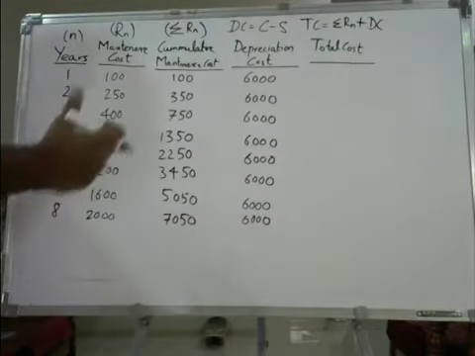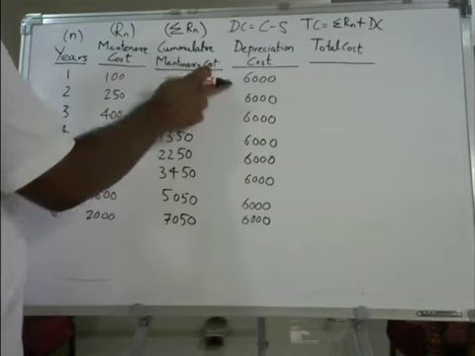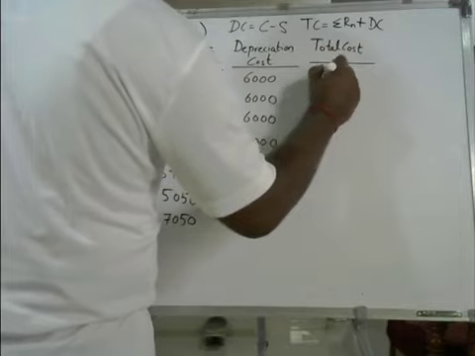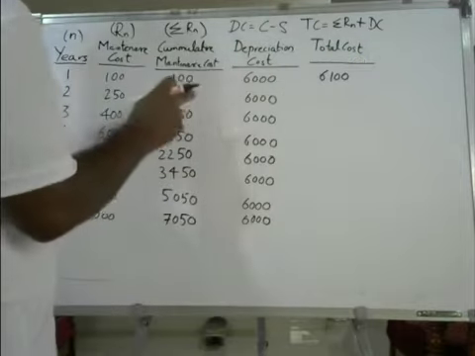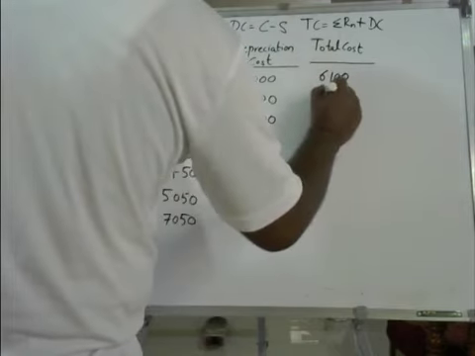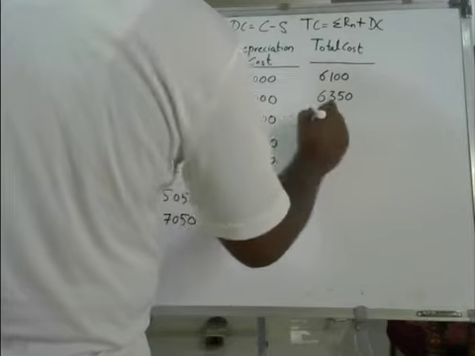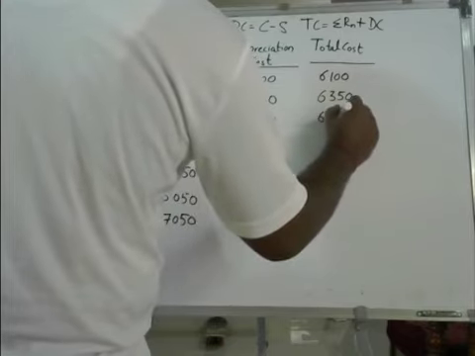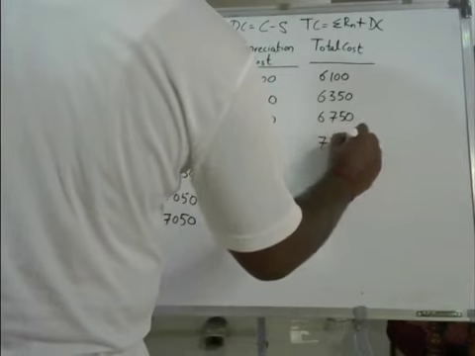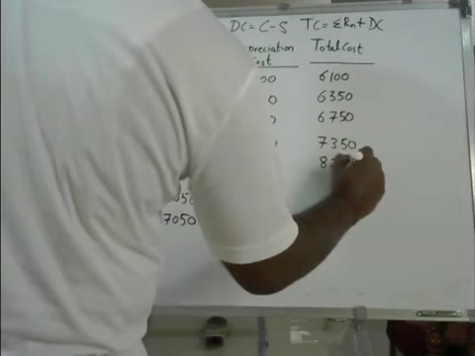Now how to find the total cost? The cumulative maintenance cost plus the depreciation cost. So that is 100 plus 6,000, that is 6,100. 350 plus 6,000 is 6,350. Then it is 6,750. It is 7,350. It is 8,250.